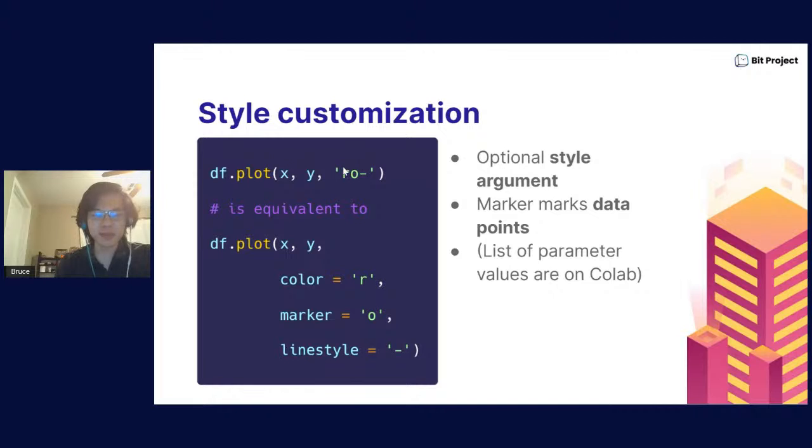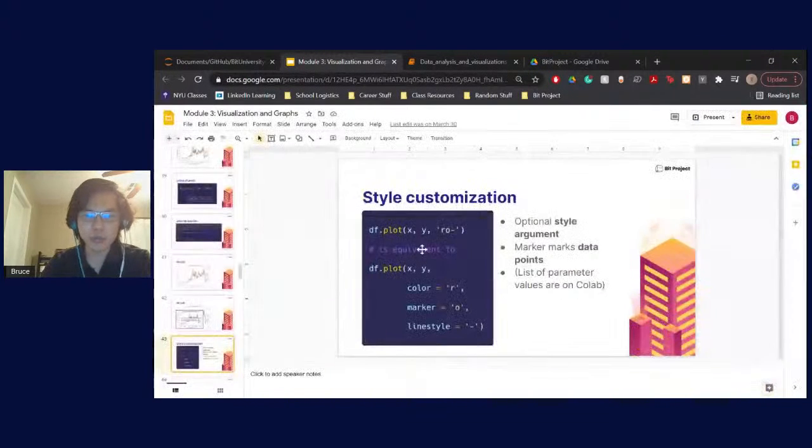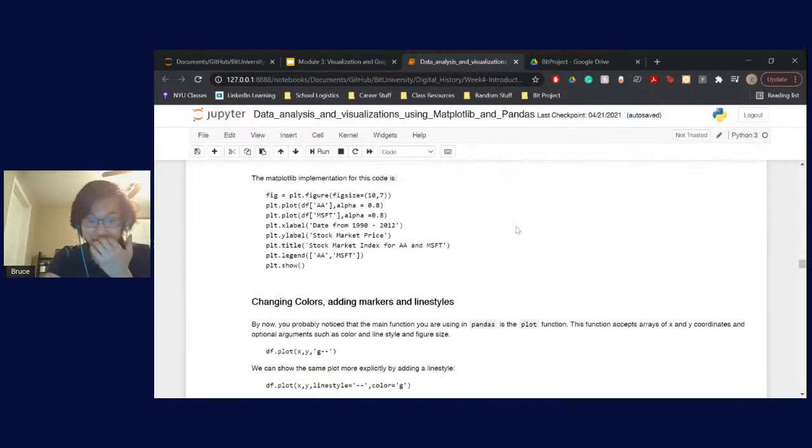Right, and the style argument breaks down into this. First, we have the color, then we have the marker, and then we have the line style. Color is pretty intuitive. For a line, depending on what we set the color equal to, it changes color. Marker is going to be how we delineate each point of data, and line style is going to talk about different ways that we connect the lines, connect the points.